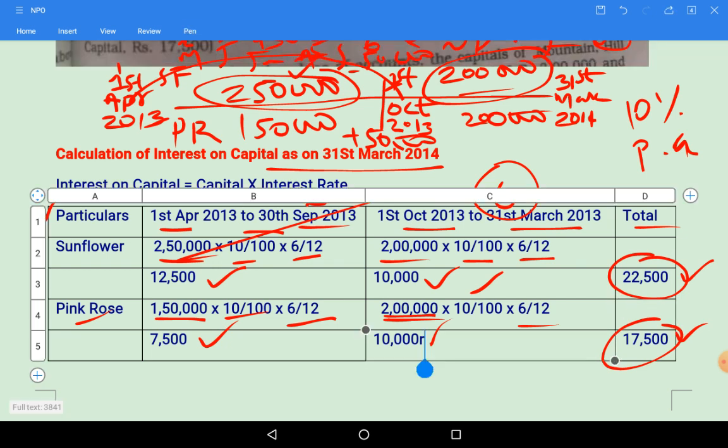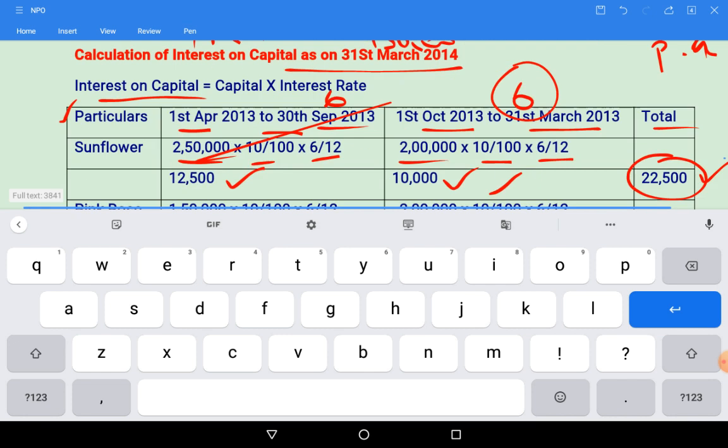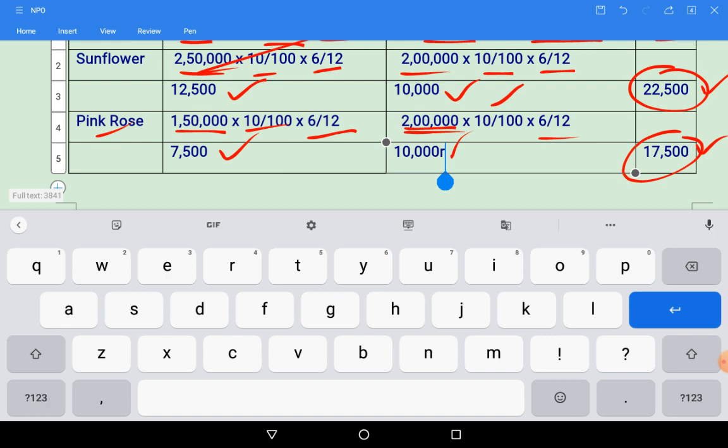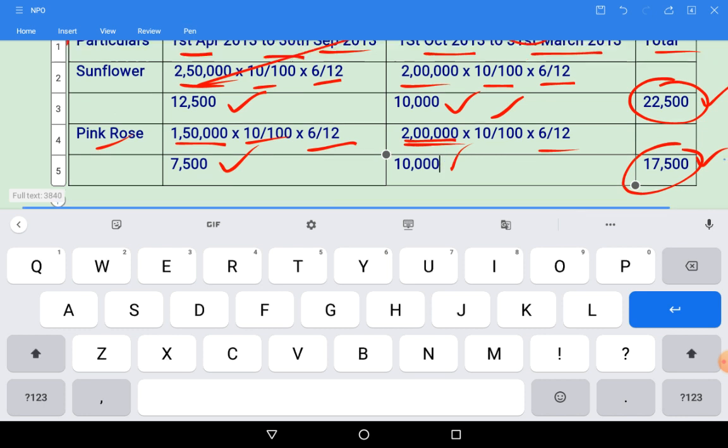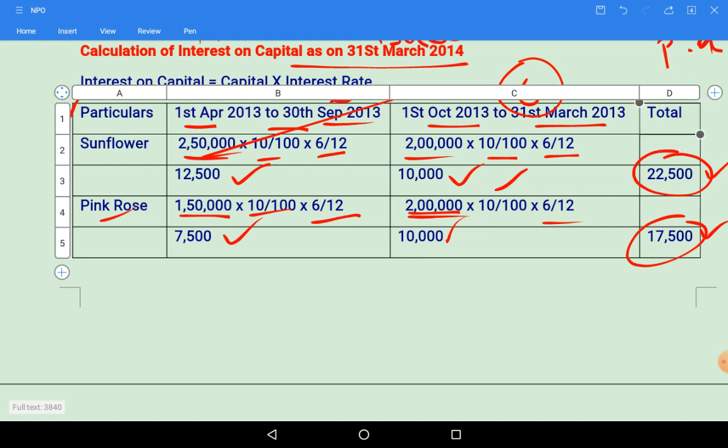यहाँ पे एक R आ गया additionally. For first 6 months, that is April to 30th September, whatever capital is there for that 6 months, you need to calculate.